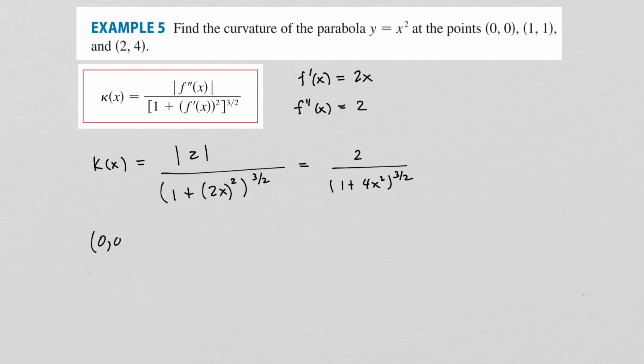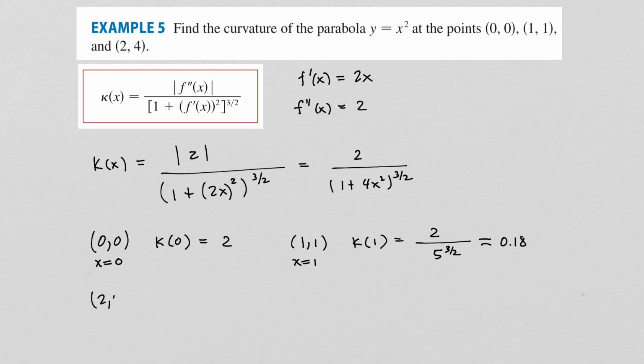So at the point 0, 0, this is x equals 0, we have the curvature at 0 is equal to 2. So all we're doing here is plugging in x equals 0. At the point 1, 1, so this is x equals 1, the curvature at 1 is going to be 2 divided by 1 plus 4, which is 5, to the 3/2 power, which is approximately 0.18.